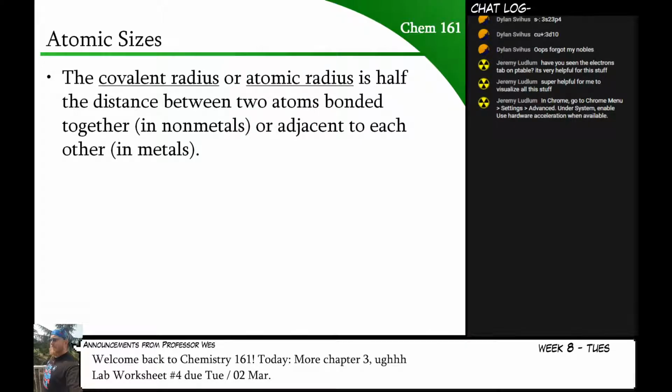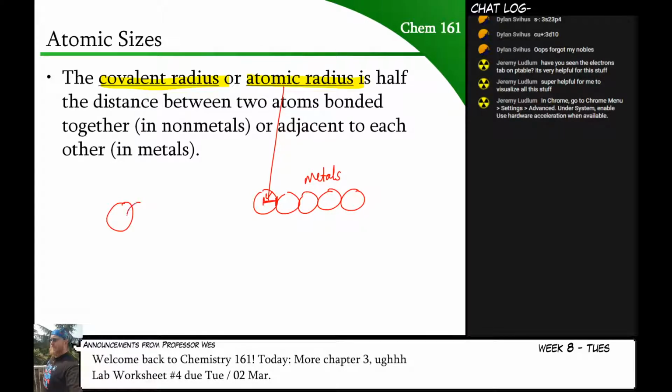So here we go. First, let's define what we mean by the size of an atom. The first thing we're going to do is define either covalent radius or atomic radius. For metals, metals are independent atoms that are adjacent to each other like this. And so we're going to define the atomic radius as this distance right here. Now this is for metals. Now for nonmetals, nonmetals often bind by having their orbitals overlap.